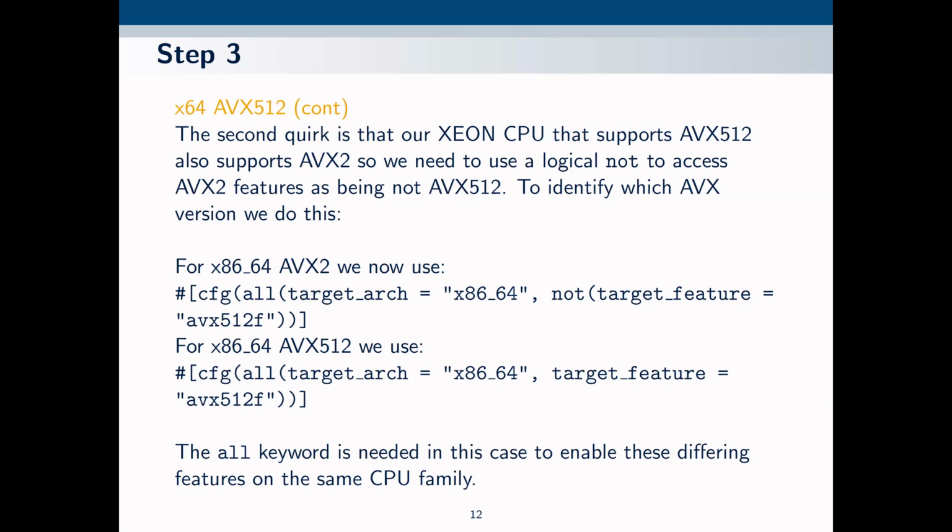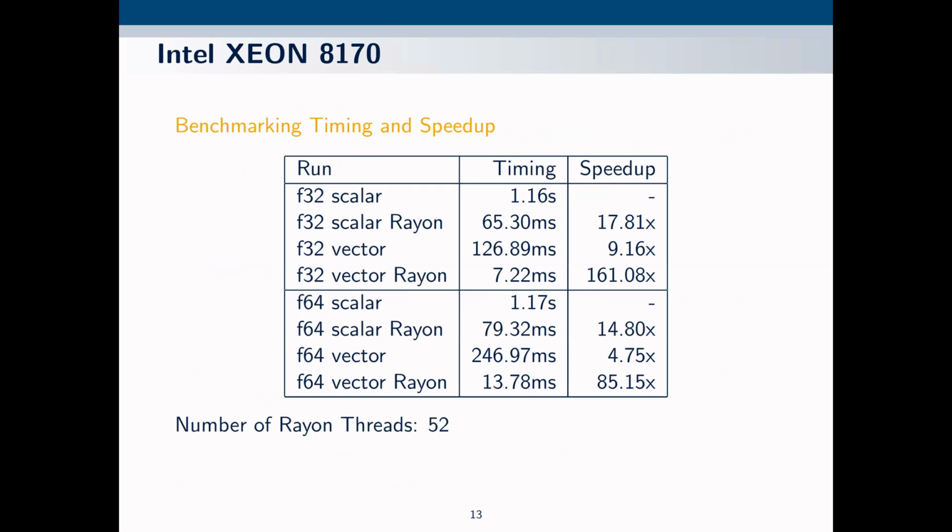This is not the best solution. It works for my examples, but if you've got a CPU that only uses Intel with SSE, this would fall over and not work. So it's slightly contrived, but it works for the example. But now we see the true power of AVX512 on this nice Intel Xeon 52-thread computer.